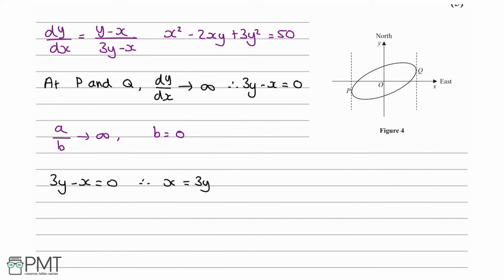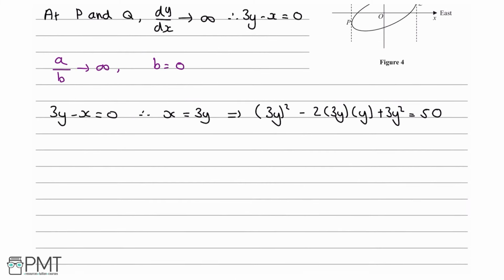So this implies that 3y squared minus 2 times 3y times y plus again 3y squared equals 50. All I've done is put in 3y into here and 3y into here, using x equals 3y. Now we can expand this and solve it as a normal equation.